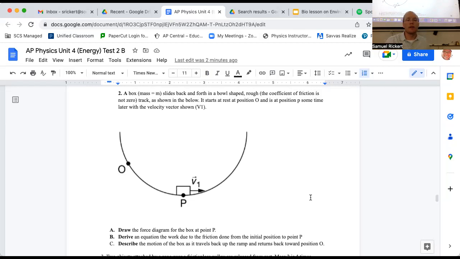Then you're supposed to derive an equation for work. For this one, because we don't know very much, you can estimate the angle and get it in terms of the radius like I did, or you can do what everyone else did and just leave D. And I accepted that. I mean, you could estimate this is about 1/5.